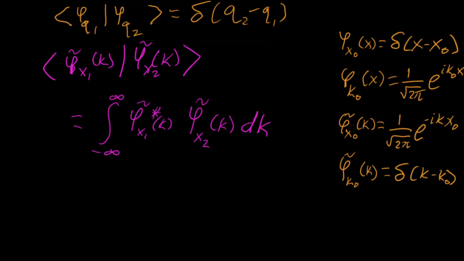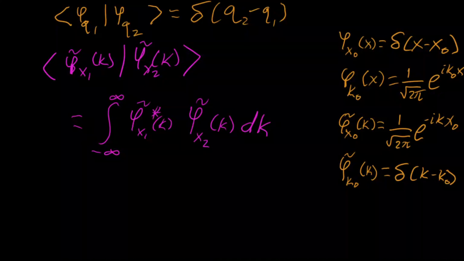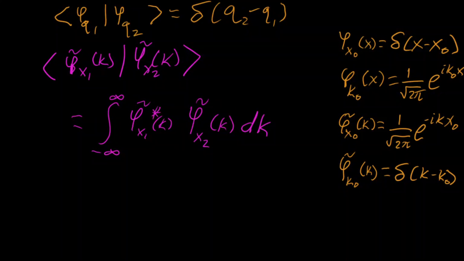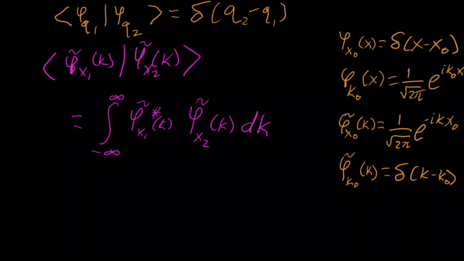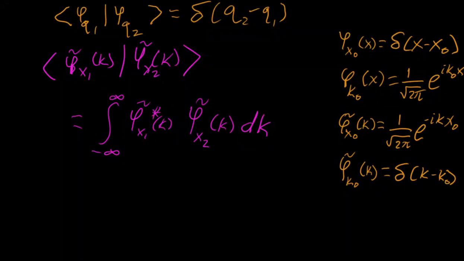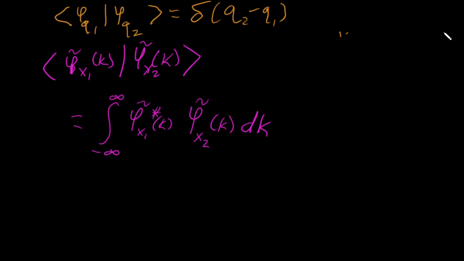It's just using a different basis, a different space, and we can still do this inner product. Hopefully that makes sense. That was one of the main points when we introduced the inner product, that I tried to stress that it can be done in any basis. So go back and look at our videos on the inner product back in section 2 if you need to be reminded of that. Okay, so now back to Fourier transformations.